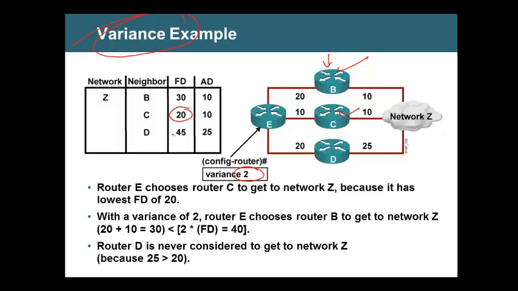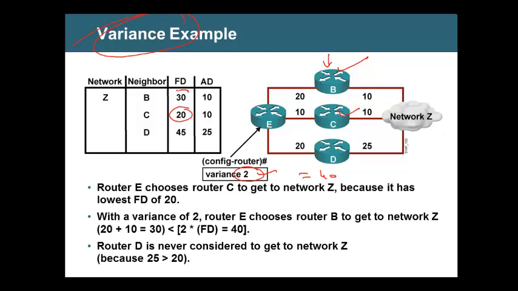What is successor value? The lowest FD, the successor route's metric. Multiply it by 2, that is what variance does. What is the answer you will get? 40. And if any route has less than or equal to 40, you can consider it as a successor.